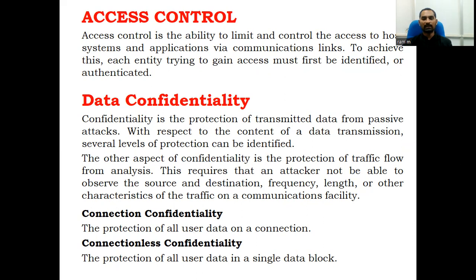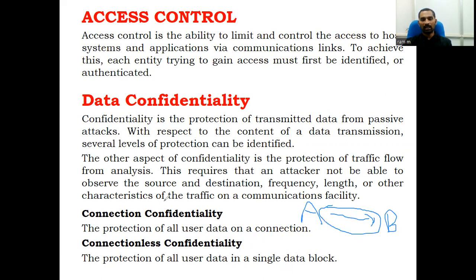But what happens with the connectionless protocol? There we don't have a particular connection, so we provide confidentiality on the data block that is being transferred. We can consider this with an example. Consider there are two communication entities A and B. If they are following a connection-oriented protocol, that is TCP, we provide security over the connection.